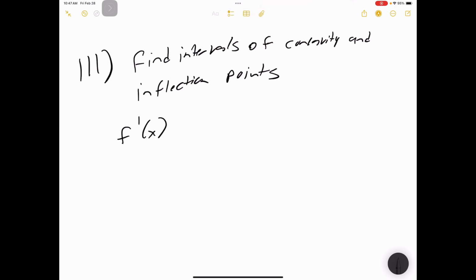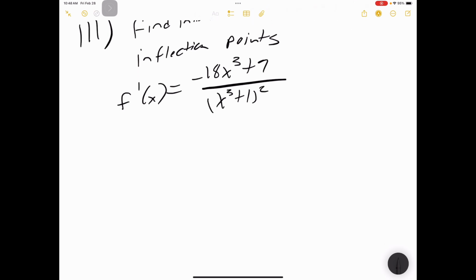F prime of x is equal to -18x cubed plus 9 over x cubed plus 1 squared. And we're going to need the second derivative this time. So let's find the second derivative, f double prime of x. We're going to need to do our quotient rule again, low d high minus high d low over low low.